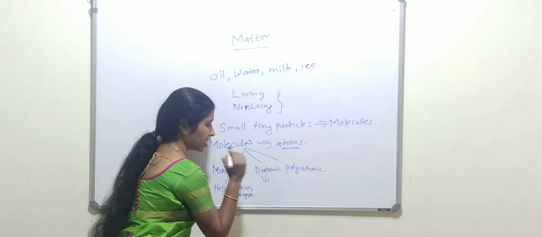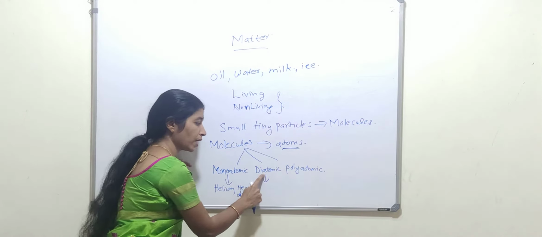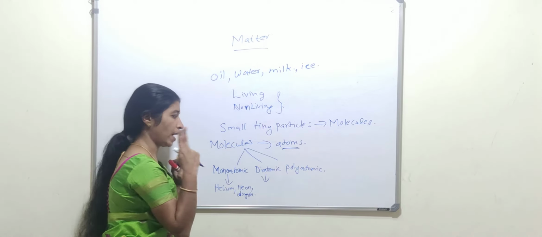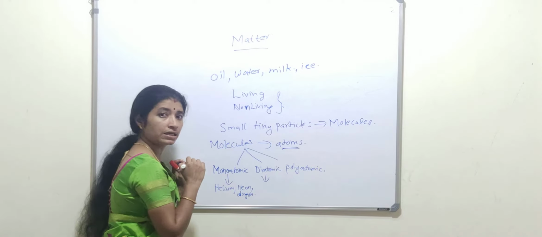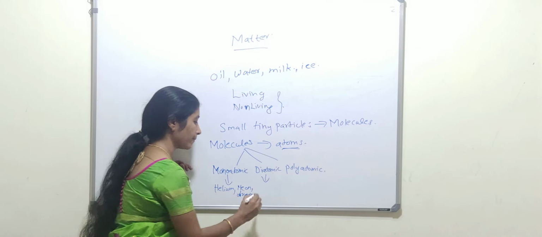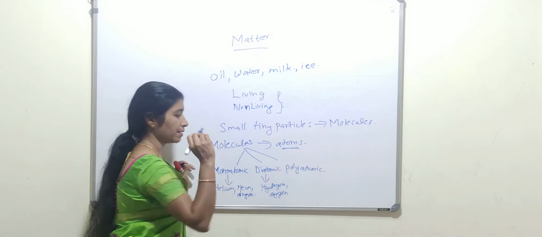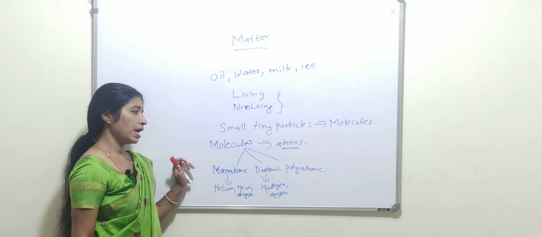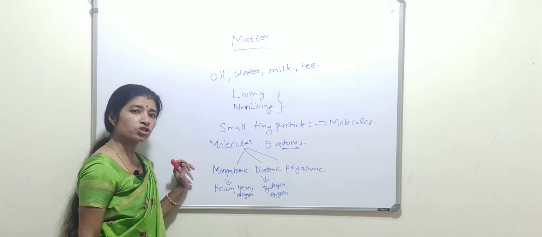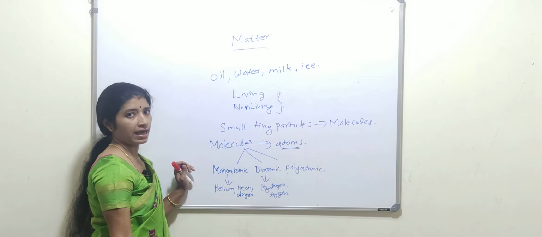In the case of diatomic molecules, they consist of two atoms. That is why they are called diatomic molecules. Examples of diatomic molecules are hydrogen, oxygen, etc. The third is polyatomic molecules, which consist of more than 2 or 3 atoms.